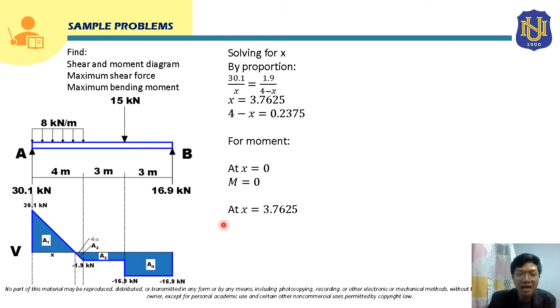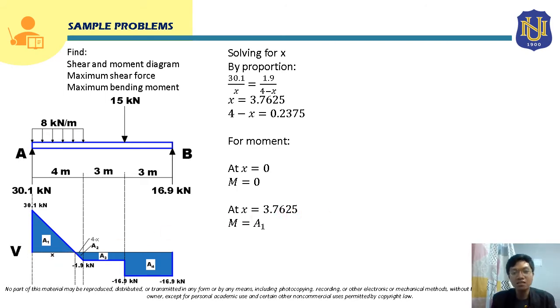So this is at x equal to 3.7625. Again, class, the moment at this point will just be the area under this shear diagram, which is area 1. So the moment here is just equal to area 1. For area 1, this is just a triangle wherein the height is 30.1 and the base is x, which is 3.7625.